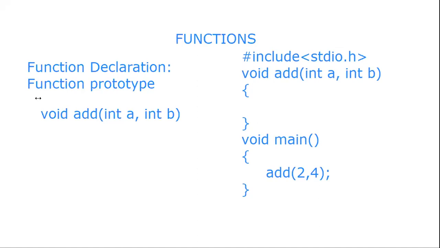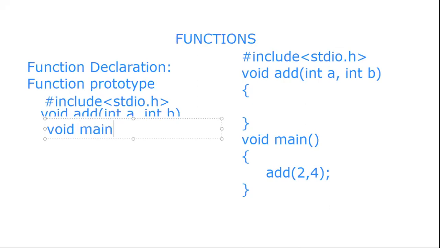So we are writing the program: hash include stdio.h. Now we have the prototype. If we are defining after main, here we will have void main, and then we call the function add, say with 2 comma 4, and after that we define the function.